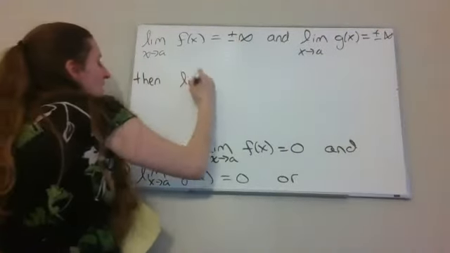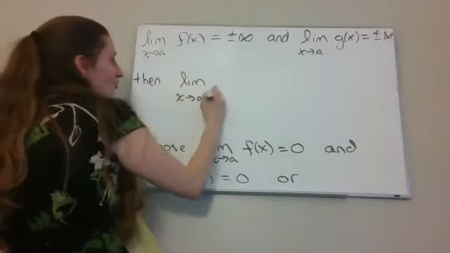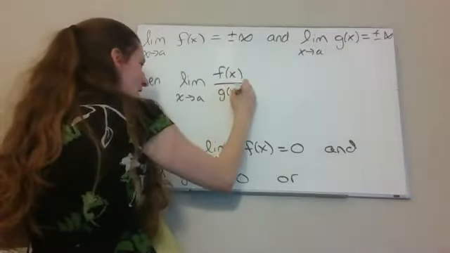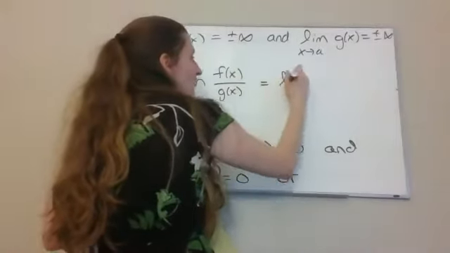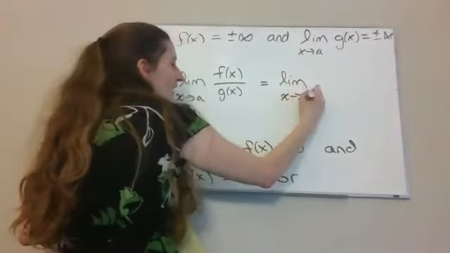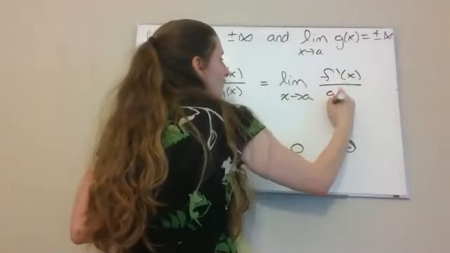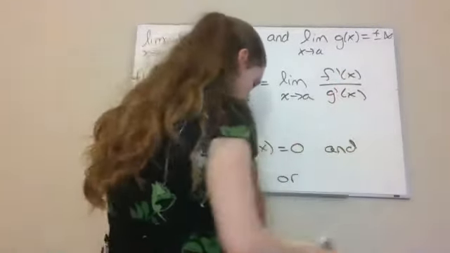Then the limit as x approaches a of f of x over g of x is equal to the limit as x approaches a of f prime of x over g prime of x.